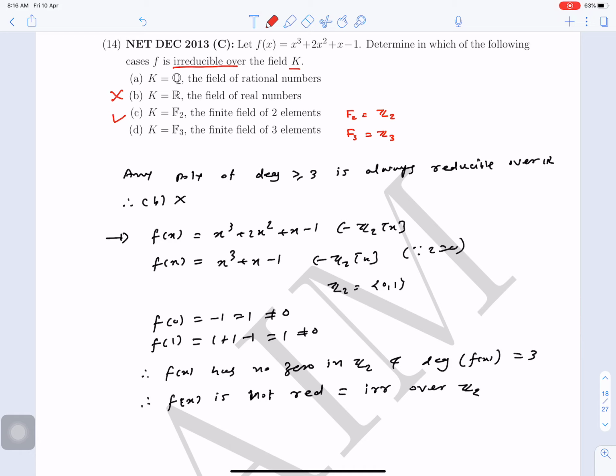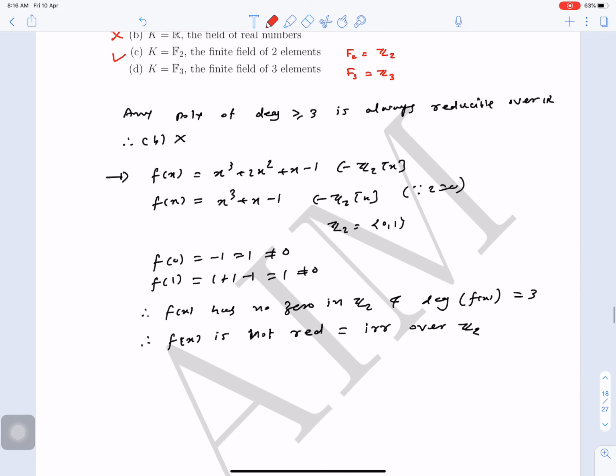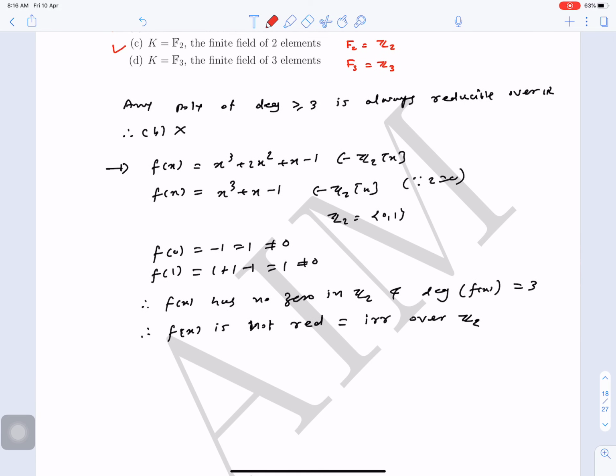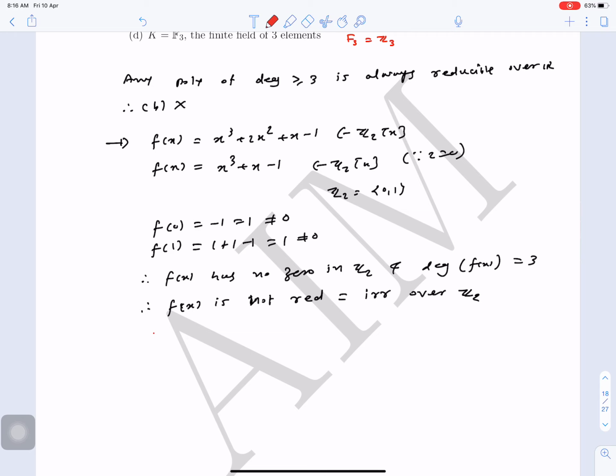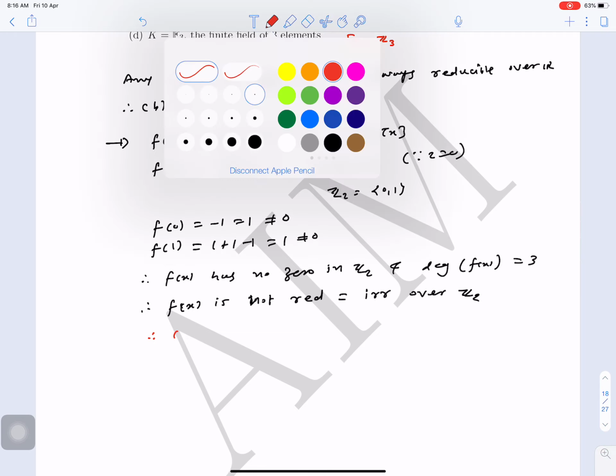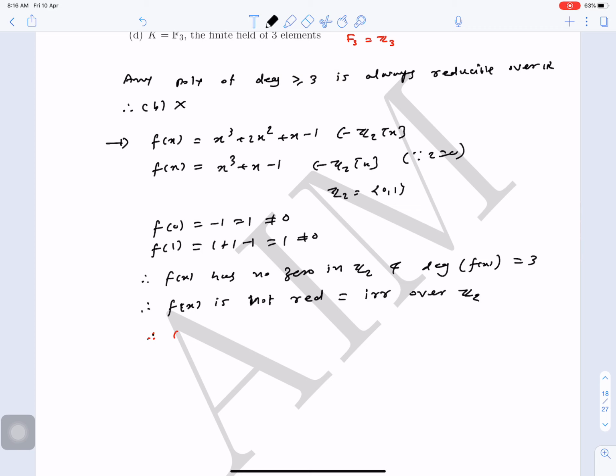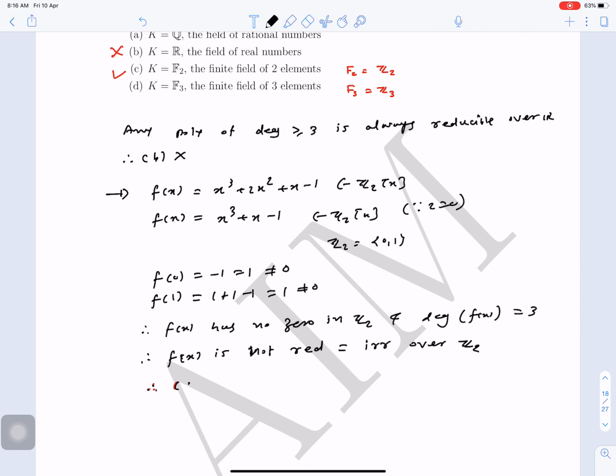It will be irreducible over Z2. So therefore option C is correct.